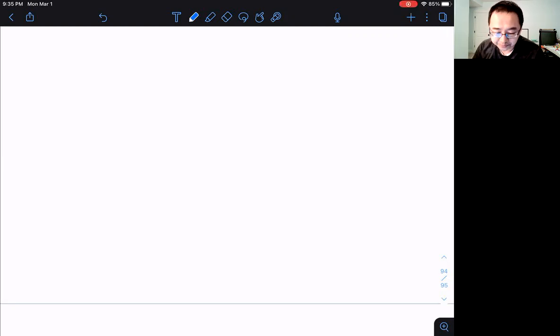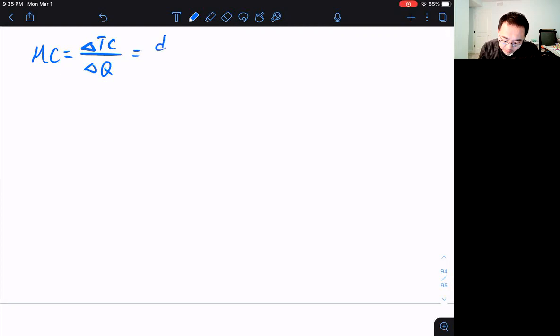Okay, so in the past, we said your marginal cost equals the change in total cost over the change in quantity, right? And now you should know this is really d total cost over d quantity.